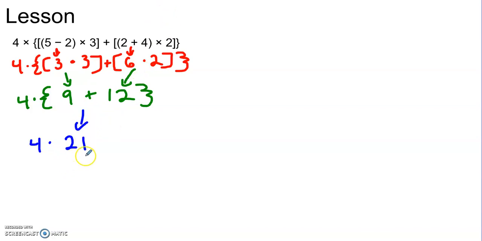And 4 times 21, 4 times 1 is 4 per my identity property of multiplication. And 4 times 20 is 80. 80 plus 4 gives me 84, sorry. And I'm going to circle this. Now I have no label for it and there's no word problem, so I don't need a sentence. I can just circle my answer at the end.